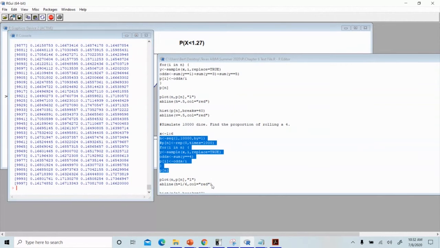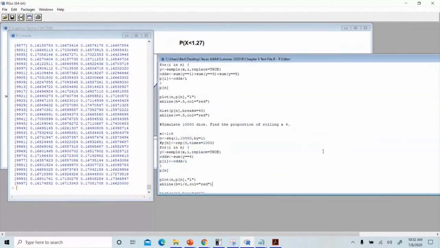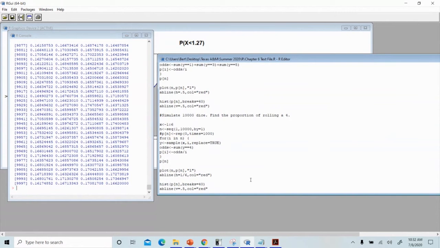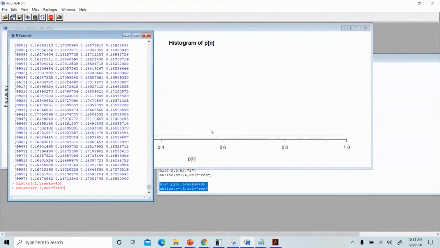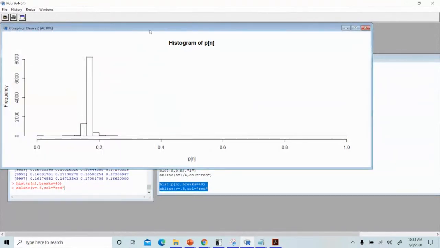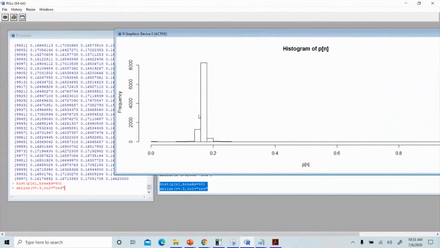And then if I do this, maybe you'll understand this one a little better. Yeah, the histogram. So let me copy and paste this one. Here we'll notice that most of it's distributed at about 16%.